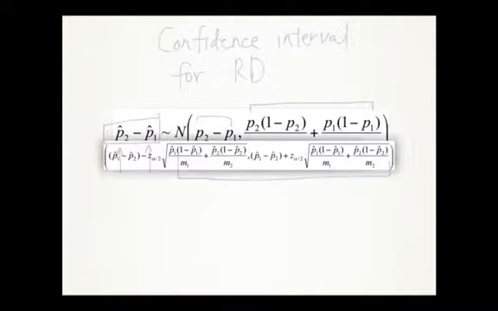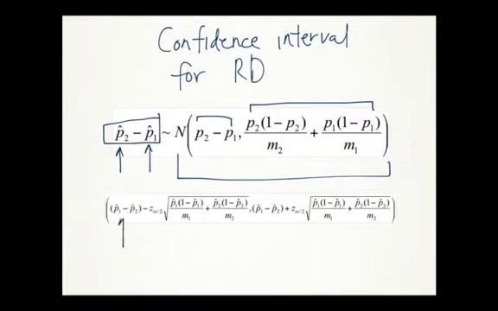So we take our estimate, P1 hat minus P2 hat, minus the critical value, Z alpha over 2, times the estimate of the standard error. That's why we add the square root. Remember, this was the variance, and so in order to get the standard error, we take the square root.